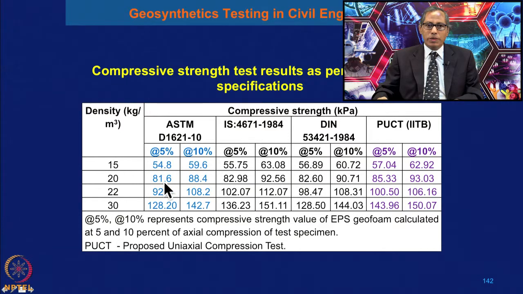For 20 density 80.16 and this is 85.33, this is 88.4, this is 93.03, this is for 22 density 92.4, this is 100.50 and for 10% strain 108.2 to this 106.16, and for 30 density it is 128.20 and this is 143.96 and this is 142 for proposed, this is 150.07.